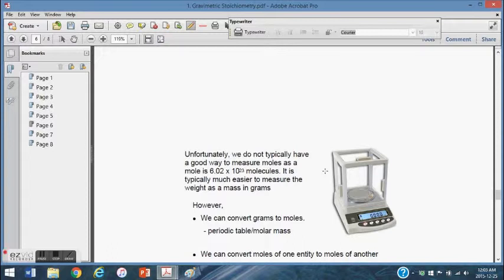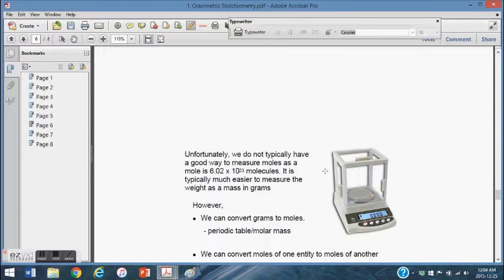As an aside, you could calculate how many seconds there are in, say, an 80-year lifespan of somebody, and if you counted 1 per second, you could figure out how many molecules you could get to, and you'd find it would be significantly less than 1 mole of seconds that you would live in 80 years.